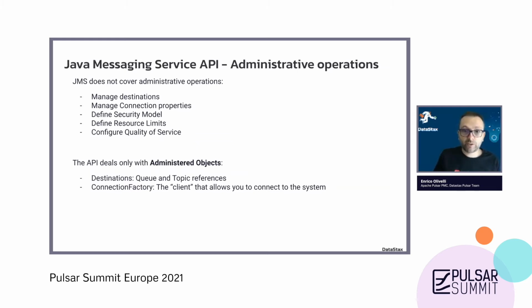And the JMS API deals only with administered objects that must be provided by the container. We're talking about queues and topics, so destinations, and also the connection factory. The connection factory is the client that allows you to connect to the broker, and it creates physical connections.